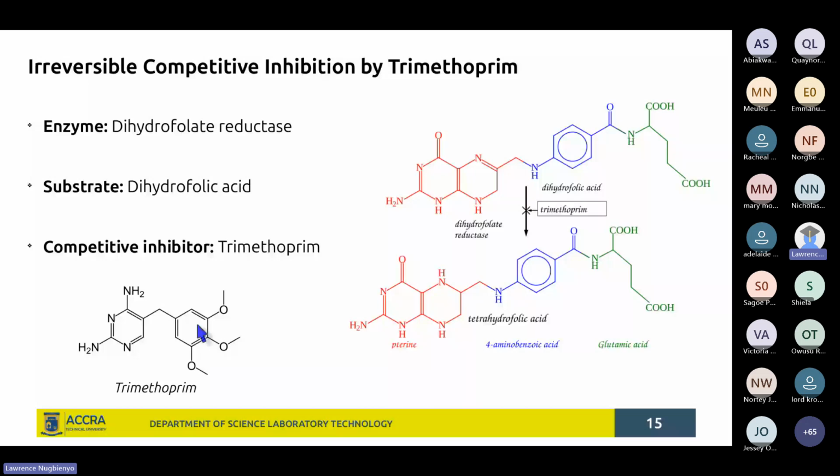I mean, if you look at these, the two rings here, you see there is no fusing of this ring to that, except that, yes, you have some similarity of the very first ring there to the first ring of the dihydrofolic acid.